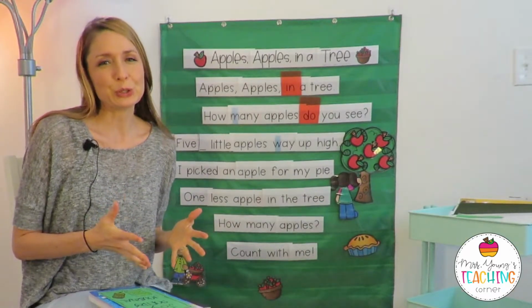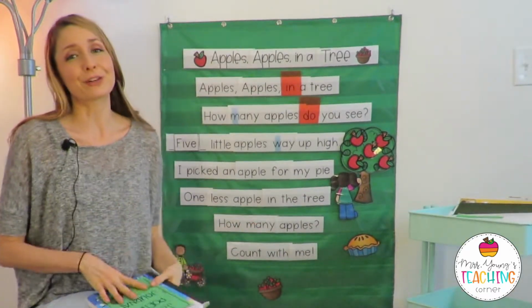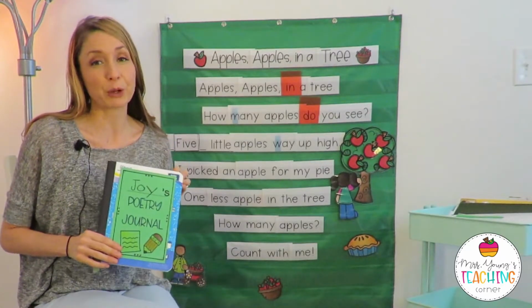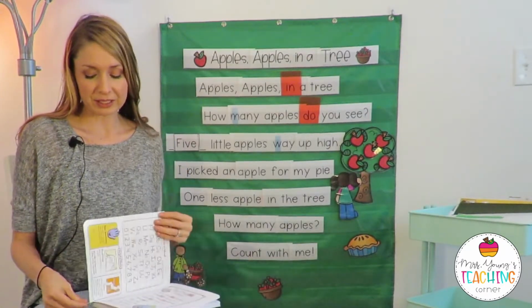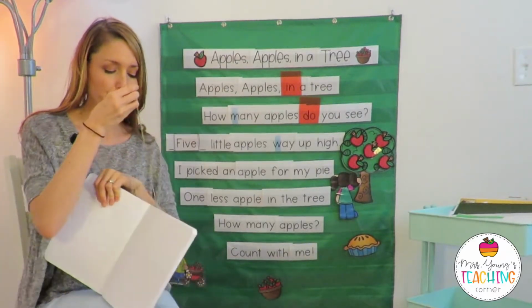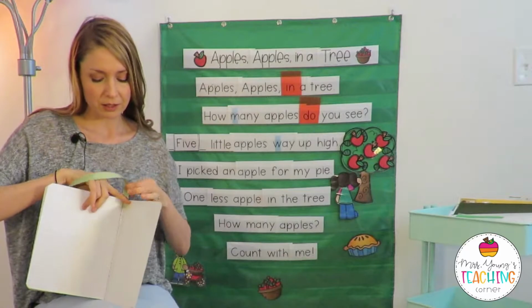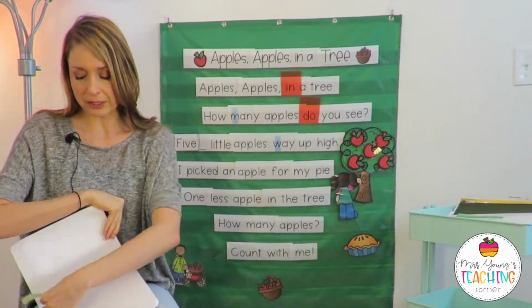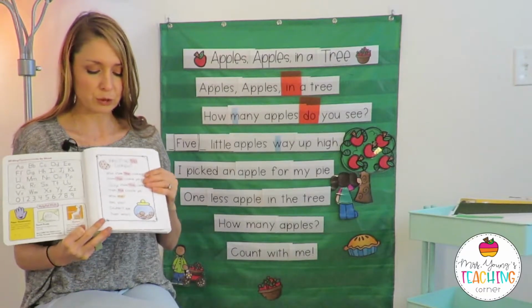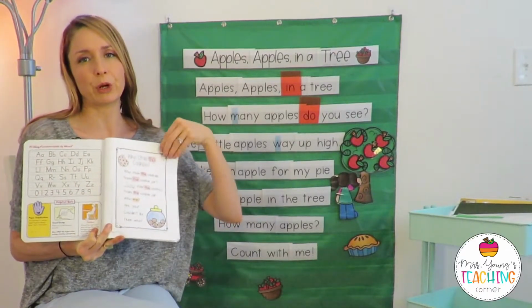For those who do shared reading poetry, another fun thing that I like to do is have all of the kids create a poetry journal. I tape this little bookmarker in the back of their books right here so that in kindergarten they know exactly where to get to the page. And each time we do a poem, they glue the poem on here.